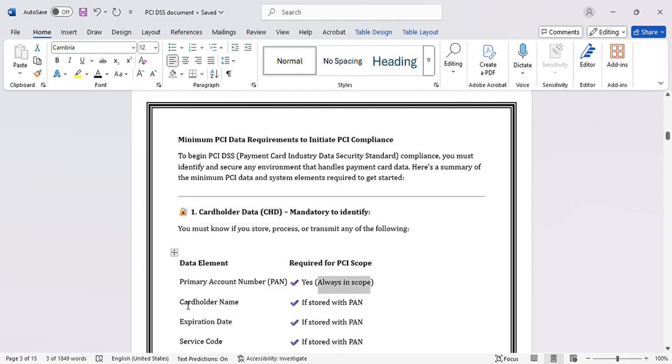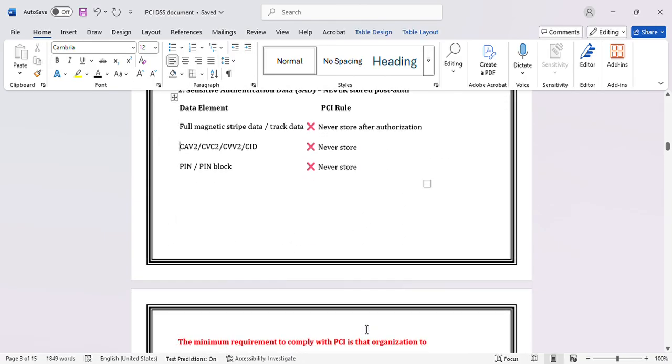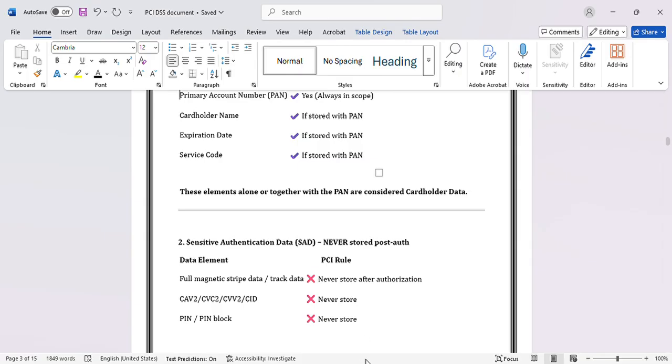If a vendor is processing only the cardholder's name, then no PCI is required. But if they are processing the cardholder's name with the PAN number, then PCI is applicable to that vendor. If a vendor is processing the expiry date stored with the PAN, then PCI is applicable, and the same for service code as well. If the vendor is processing it with PAN, then PCI is applicable.